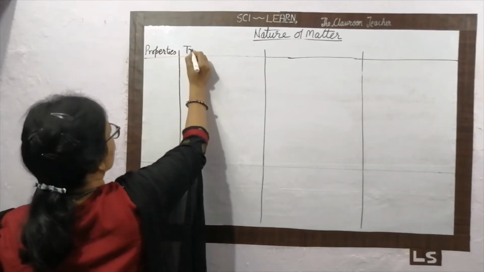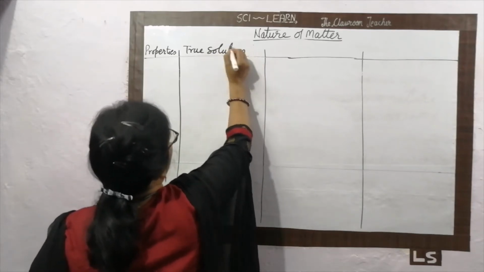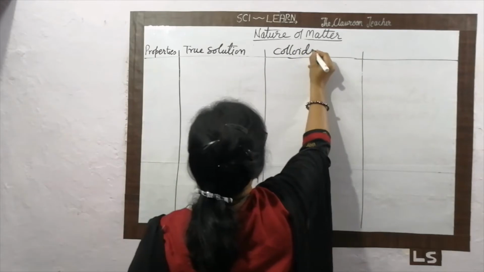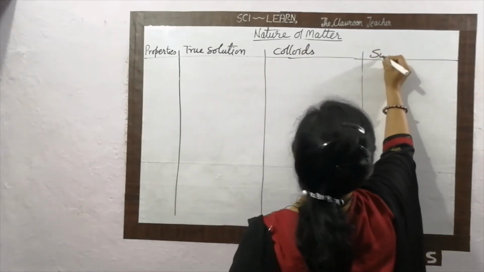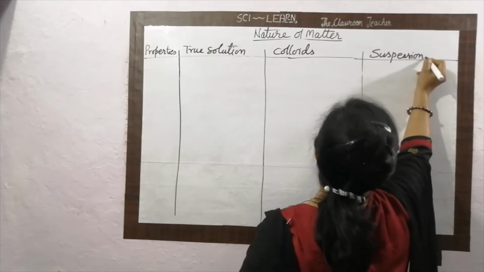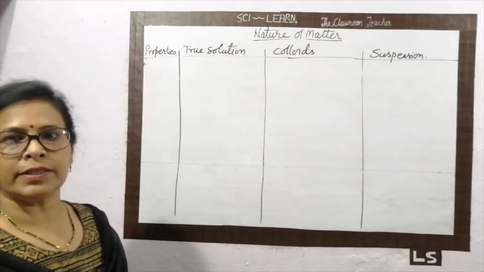Second is called true solution, or it is commonly called the solution. This is colloids or colloidal solution, and this is called suspension. We have to compare the properties of these 3.